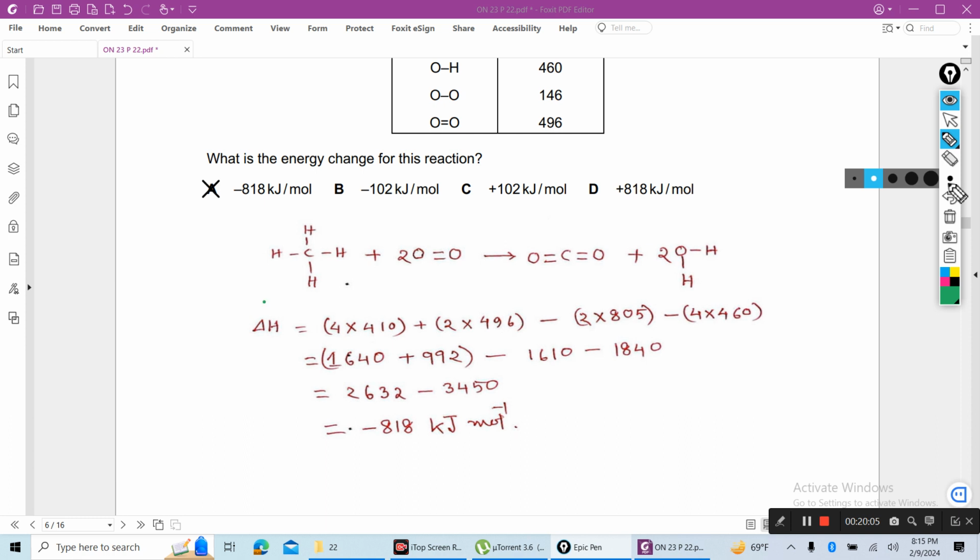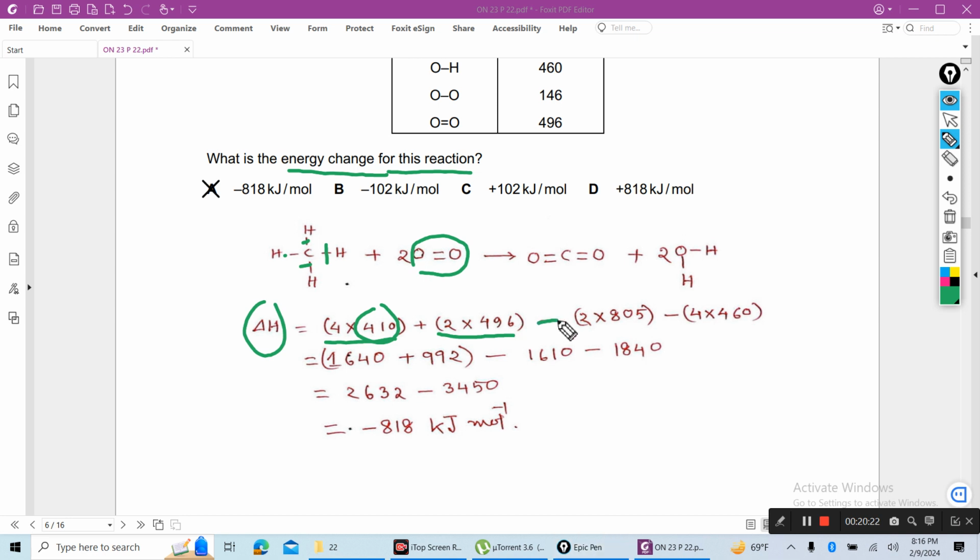You see, the delta H enthalpy change for this reaction will be here: 4 C-H bonds, carbon-hydrogen bonds, 4 times 410 is the given value. Oxygen-oxygen double bond, 2 times 496, minus carbon dioxide, one carbon with 2 C=O, 2 times 805, this value is given, and oxygen-hydrogen, 2 times 2 is 4, so 4 times 460.